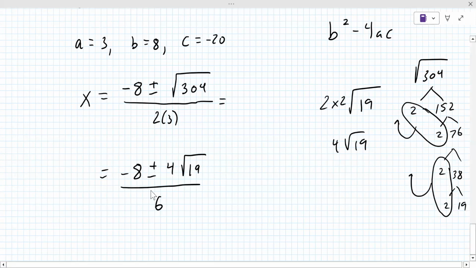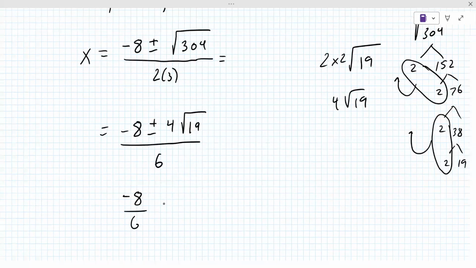And you have to decide if you can divide these by 6 and if something happens. So you can't, yeah, keep going.